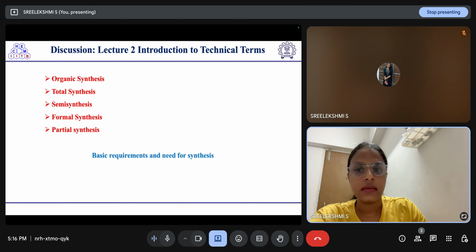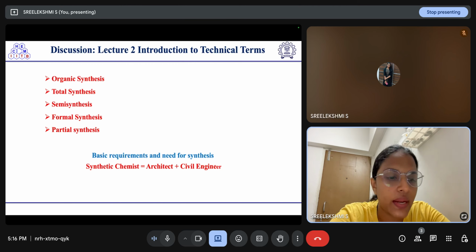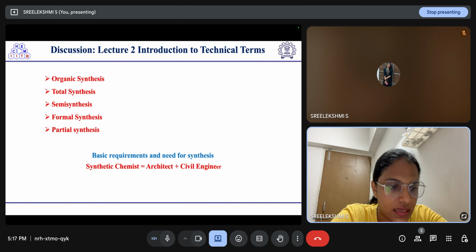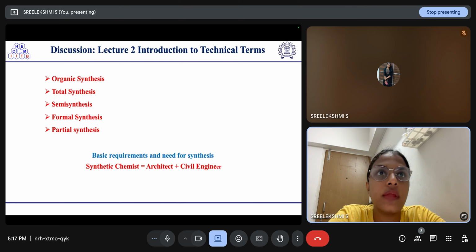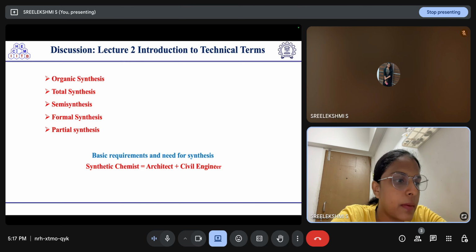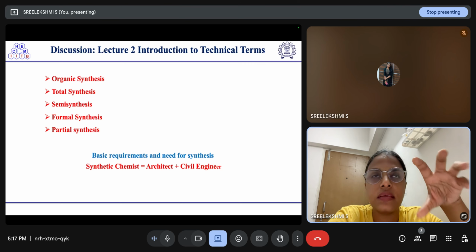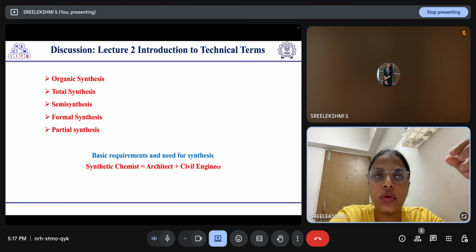And we have also seen what the basic requirements and need for organic synthesis are. A synthetic chemist is like an architect plus a civil engineer. So, we should know a variety of reactions, and we must have some amount of creativity. Then only can we play with the number of steps and decide which reagent or which reaction to use.